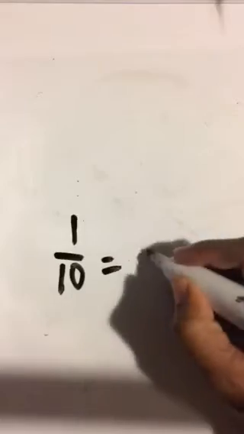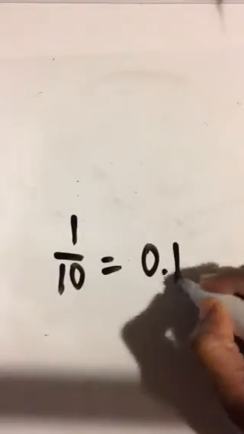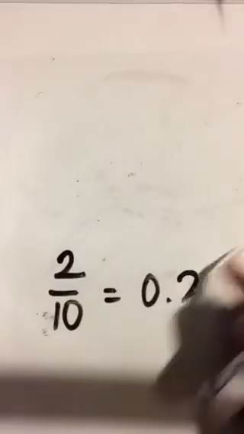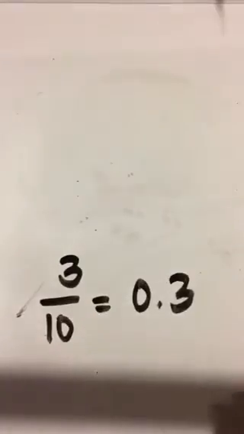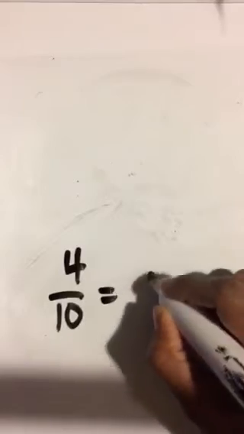For tenths, you simply say the fraction, write the decimal. That's 1/10, 1/10. 2/10 equals 2/10. 3/10 equals 3/10. 4/10 equals 4/10. 5/10 equals 5/10. 6/10 equals 6/10.